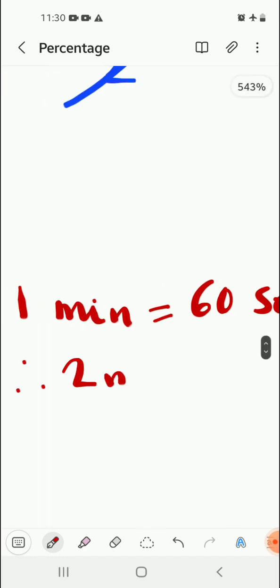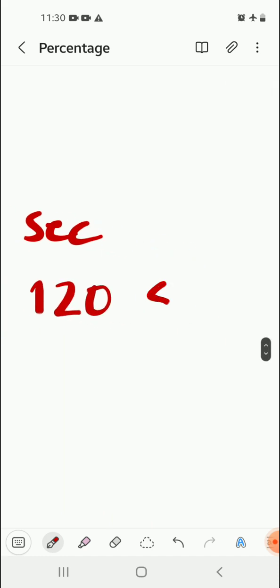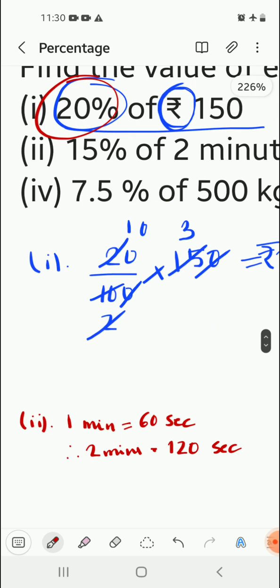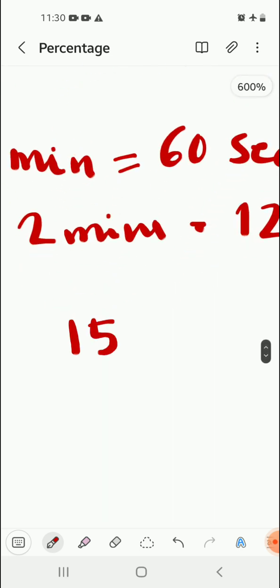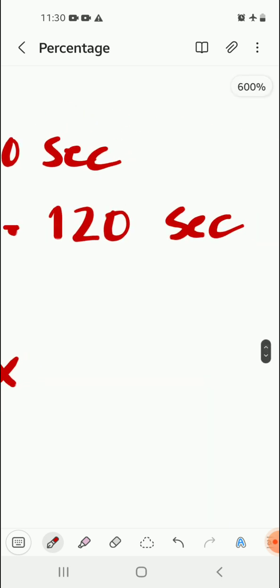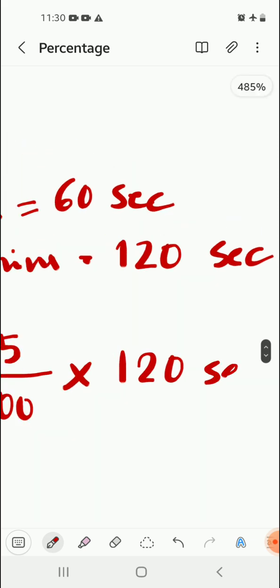Therefore, 2 minutes would be 2 into 60, that is 120 seconds. Now, 15% of 2 minutes, that is 15% means divided by 100 into 120 seconds.